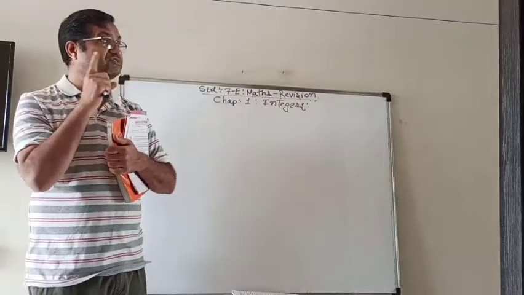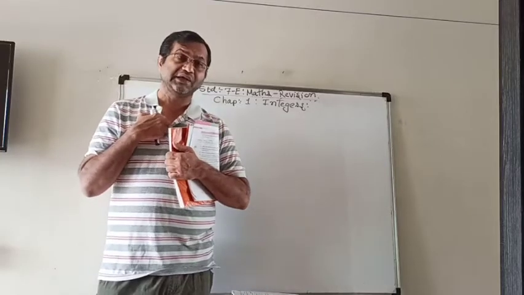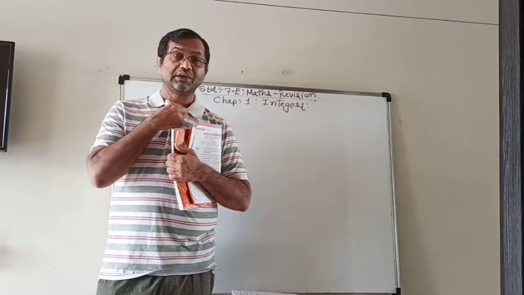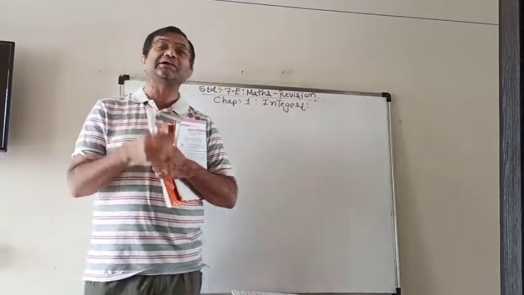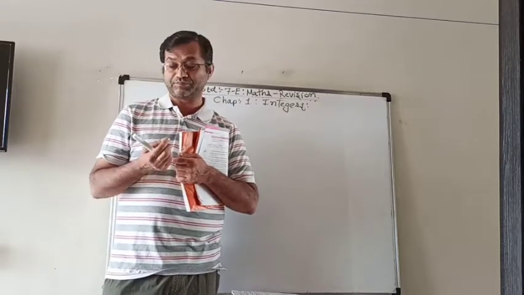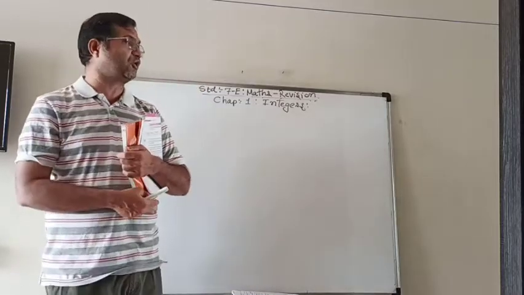But in whole numbers, you saw in the previous standard that whole numbers were not closed for subtraction, because when you subtract a greater number from a smaller number, you get a negative number, and whole numbers do not contain any negative number. But here in integers, subtraction is also closed.